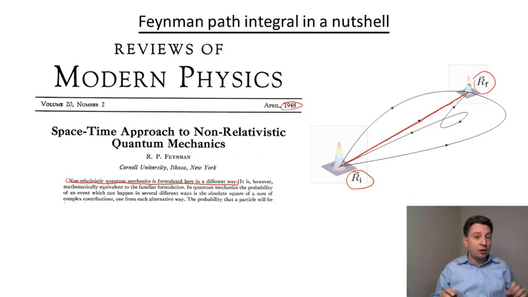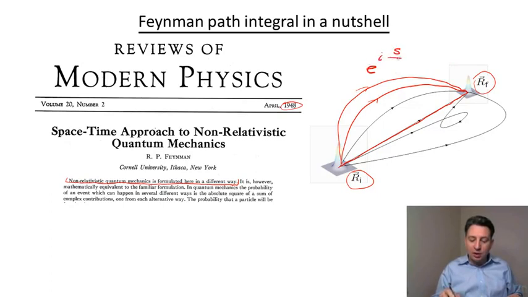The main result of Feynman in this paper is that in quantum mechanics, the particle goes over all possible trajectories at the same time, in some sense. So it follows the classical trajectory, this trajectory, any trajectory you can imagine. And there is a complex weight associated with each trajectory, which is the exponential of i times the classical action divided by the Planck constant.